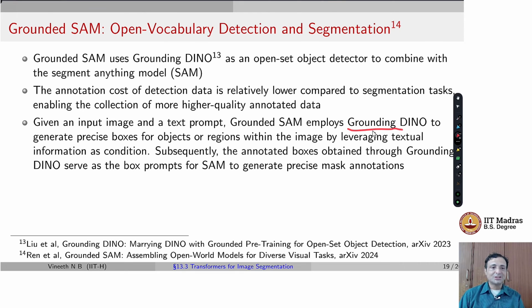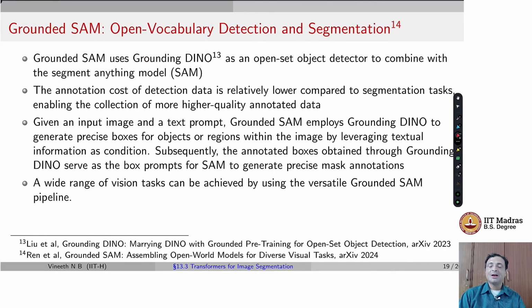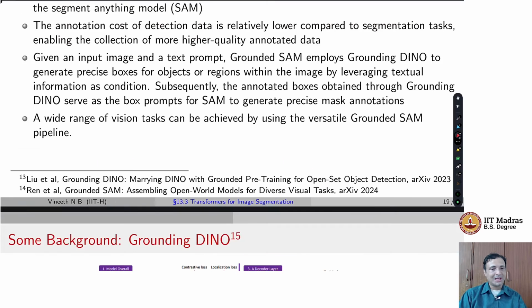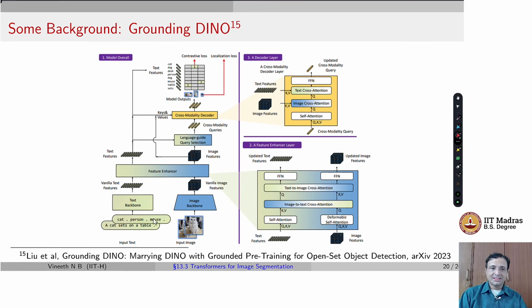So you could look at this as a combination of SAM and Grounding DINO which outputs bounding boxes, and they show that using such an approach they can achieve good performance on a wide range of vision tasks similar to SAM. Here is some background before we talk about Grounded SAM.